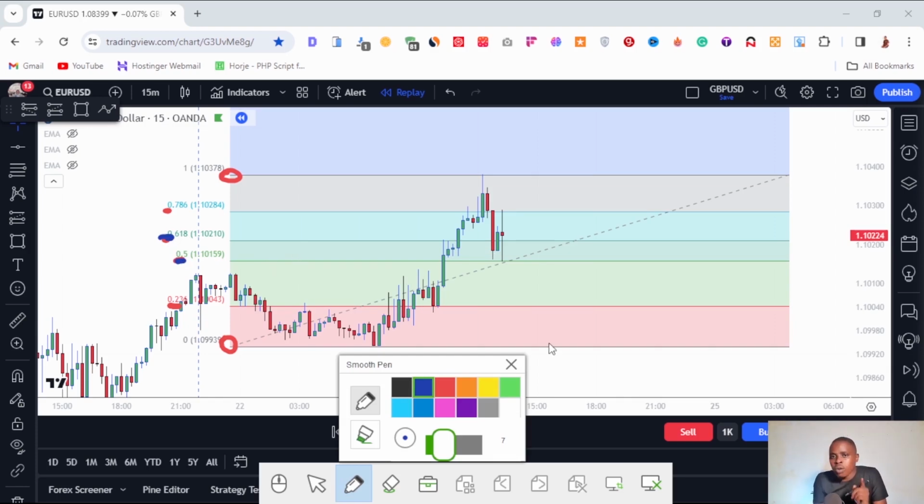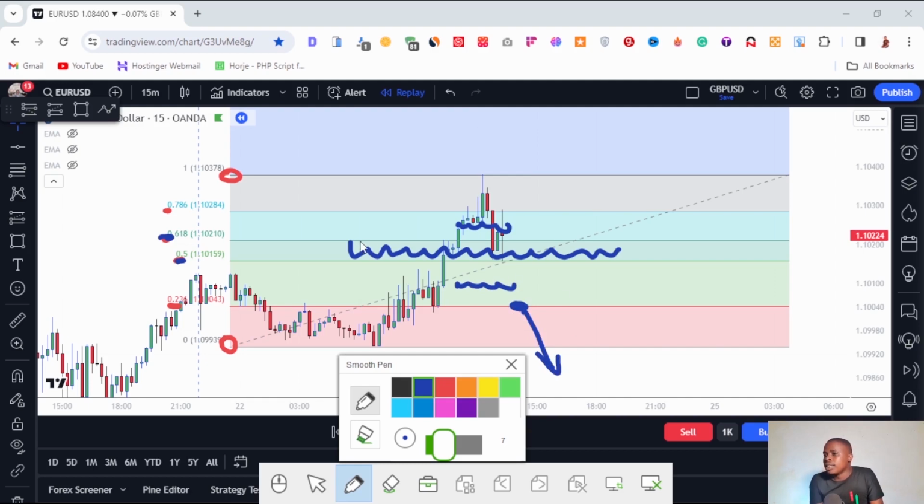So most of the pullbacks are going to come into this zone. If it is not this zone, it can come into this zone, but not most of the time. If it goes all the way down here, it's likely going to be a failed uptrend.